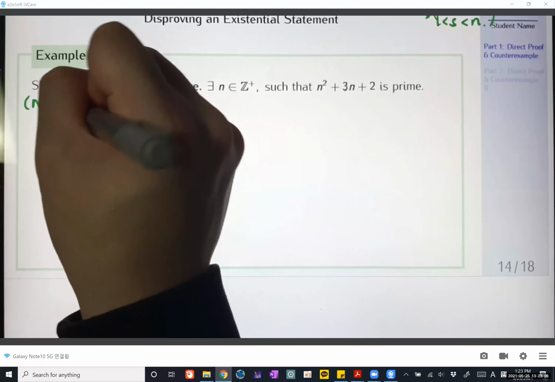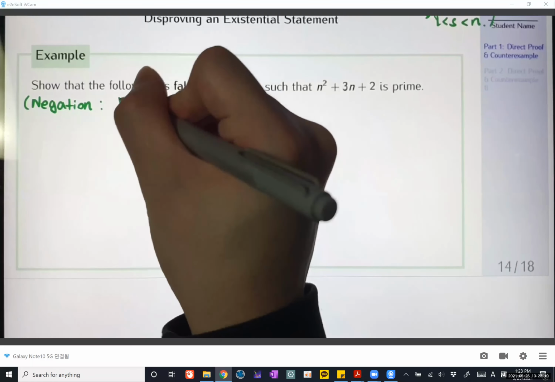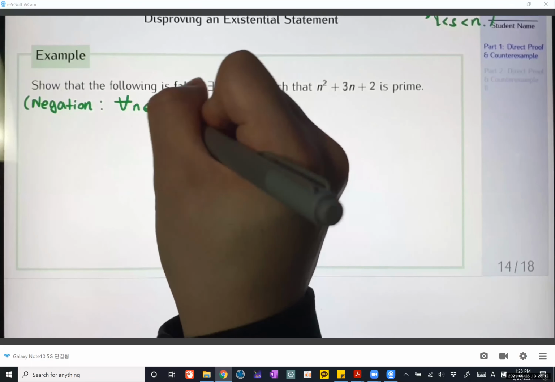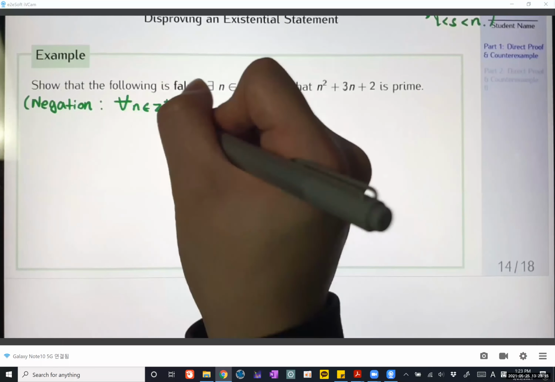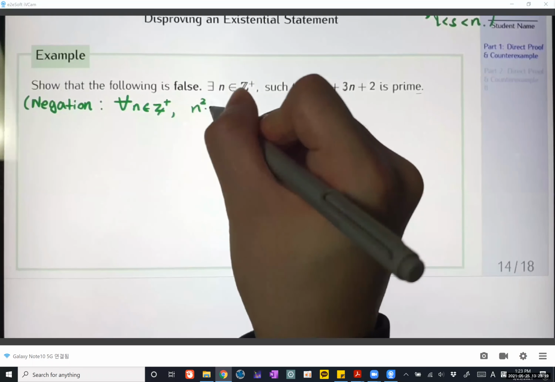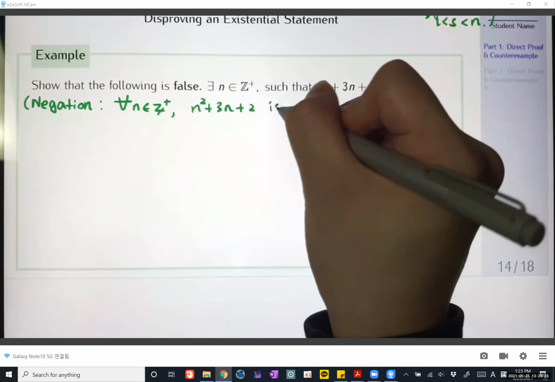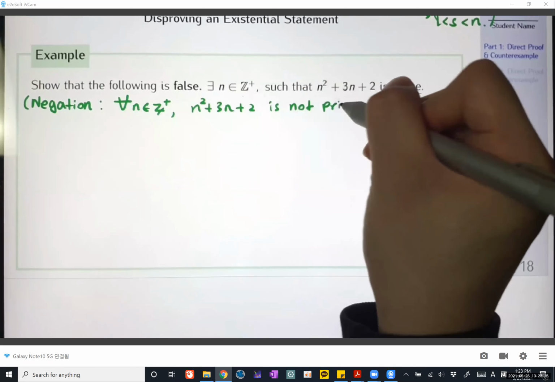The negation of this statement is: for all n in Z plus, n squared plus 3n plus 2 is not prime.